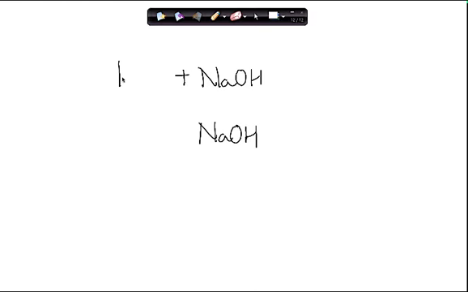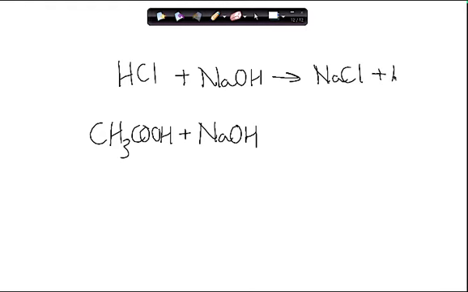The difference is the one in blue is HCl, and the one in green is acetic acid, okay? But when we do this, the products are table salt and water. So if we have 50 milliliters of 0.1 molar this, it's going to take some amount of that to neutralize it.